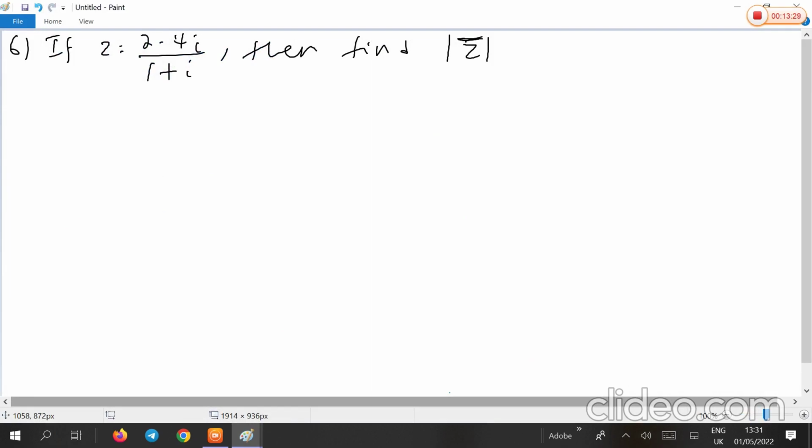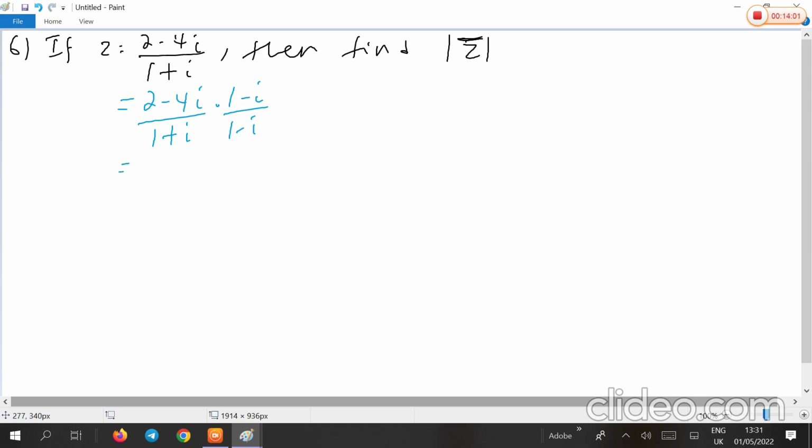Question number 6. If z is (2 minus 4i) over (1 plus i), then find the modulus of the conjugate. First of all, let's simplify z, which is (2 minus 4i) over (1 plus i), times the conjugate of the denominator, 1 minus i over 1 minus i.